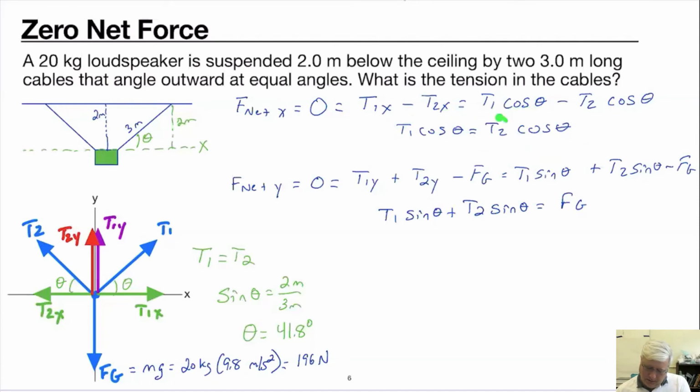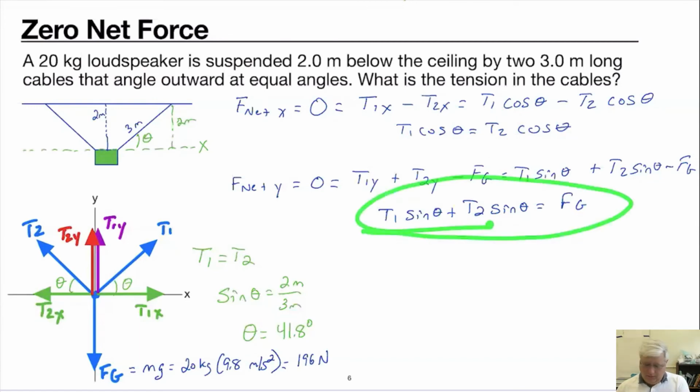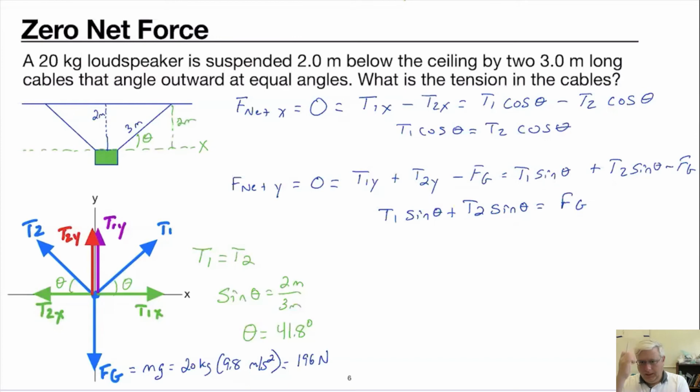If we also call that T1, does that really help us? No, because obviously T1 cosine theta is T1 cosine theta. So maybe we can figure it out from this one. Here, that's T1 sine theta plus T2, which is also T1, so we can call that T1 sine theta, equals force of gravity.